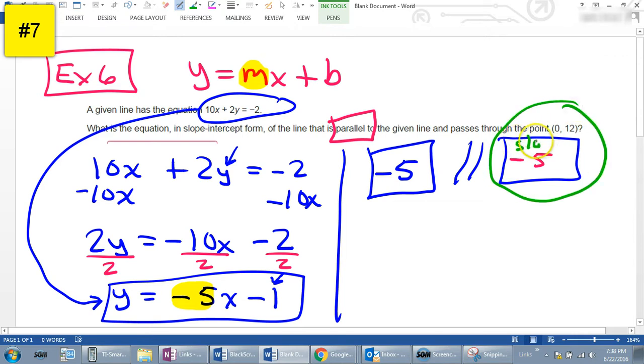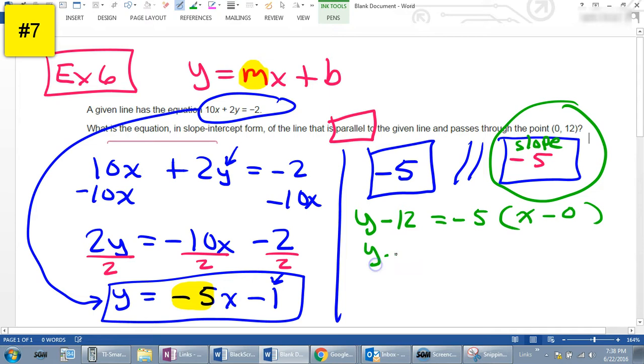Okay. All right, if we have the slope and a point, we can do point-slope form. So point-slope form goes like this. Y minus y, so that's y minus 12, is equal to the slope, and then x minus x. Okay, that's x minus 0.